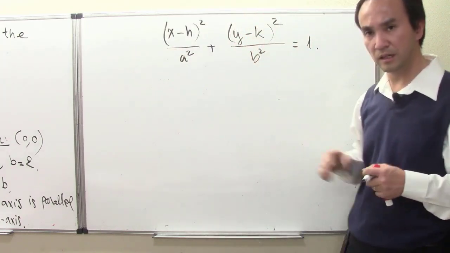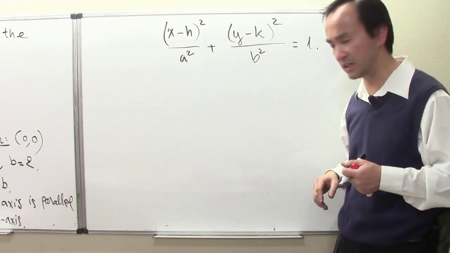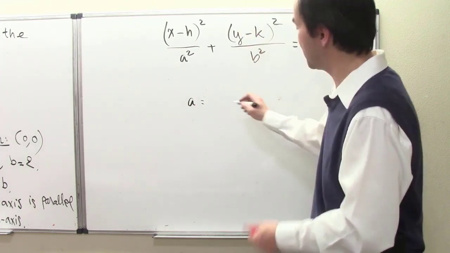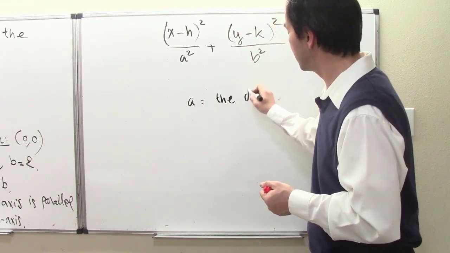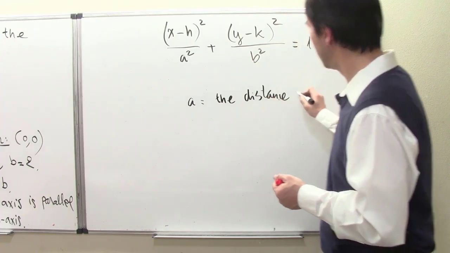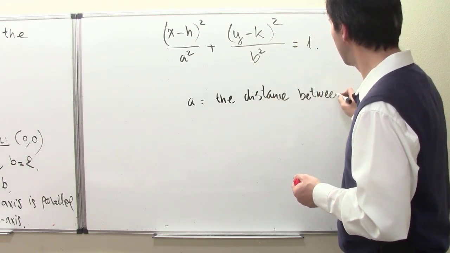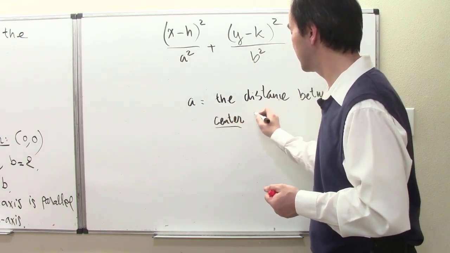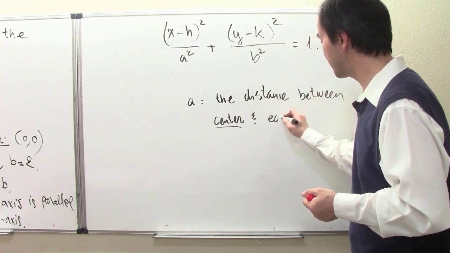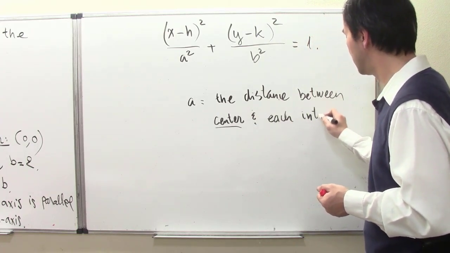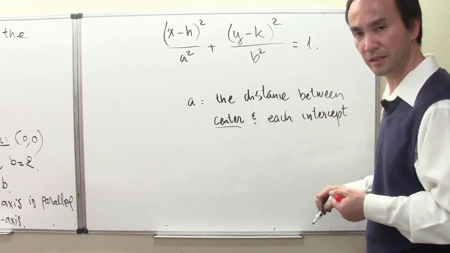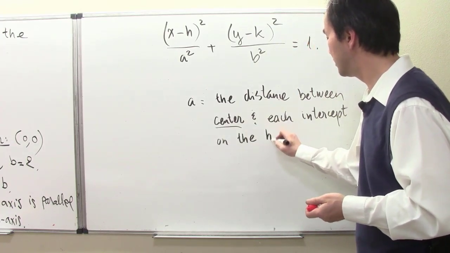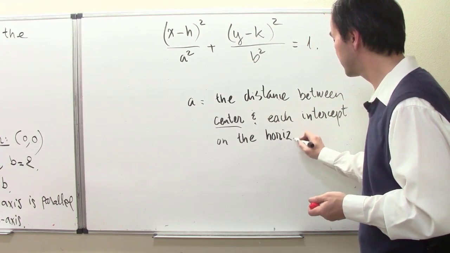With our equation of an ellipse, a represents the distance between the center and each intercept on the horizontal axis.